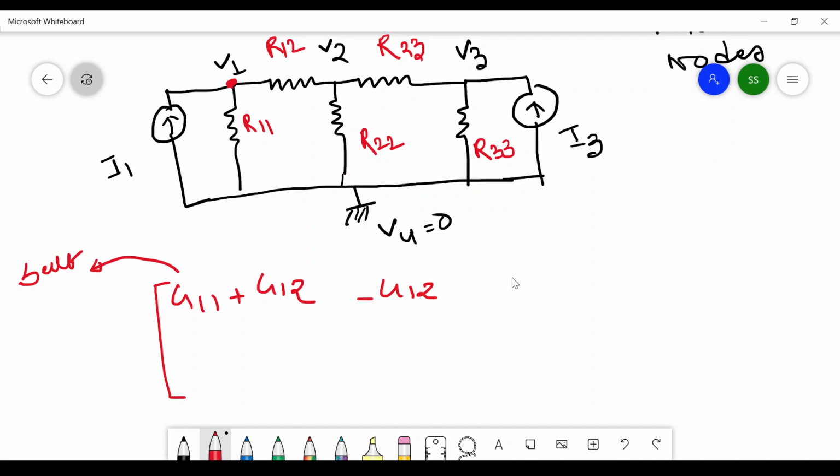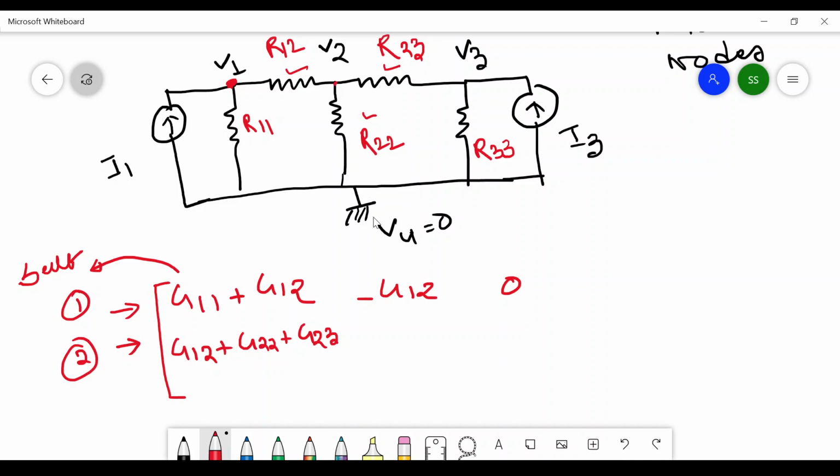So in that case, it will be 0. Similarly, this is for node 1. If I go to node 2, first we have to check what are the resistances connected to this particular node. This one is connected, this one is connected, and this one is connected. So here the conductance value has to be put as G12 plus G22 plus G23.